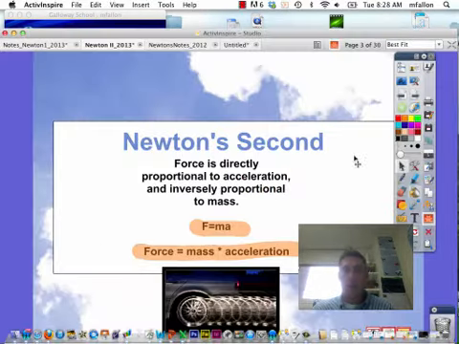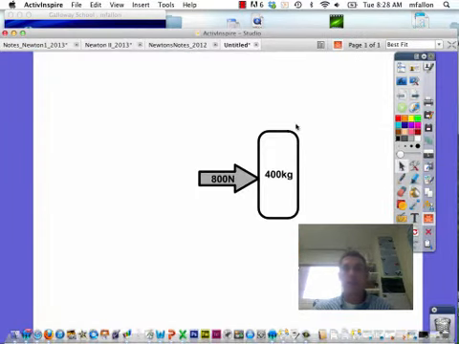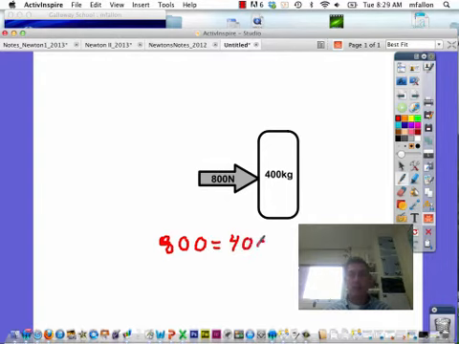We've got a 400 kilogram refrigerator and we apply 800 newtons of force. What would be the acceleration? Well, F equals ma, and our vector sum of the forces is 800. So our F is 800, that's our force, equals our mass, which is 400 kilograms, times A, but we need to know what A is.